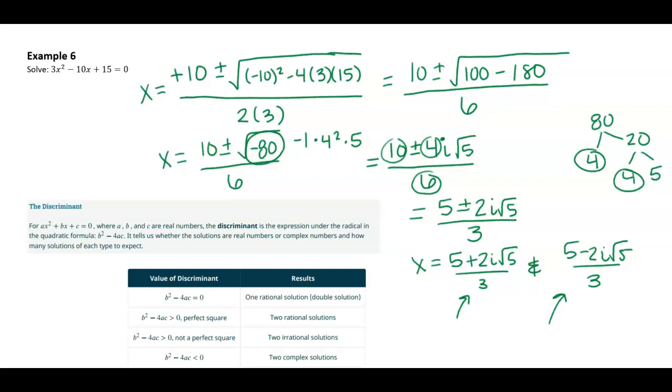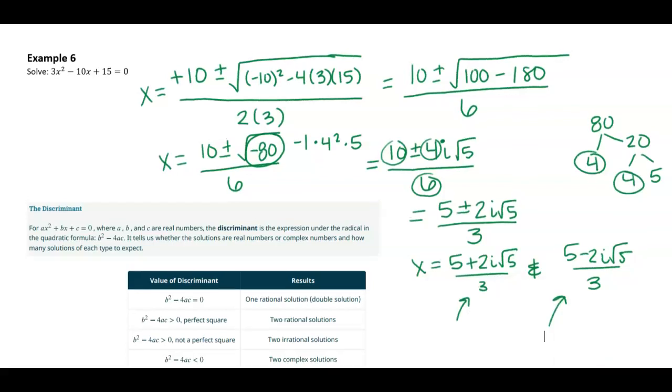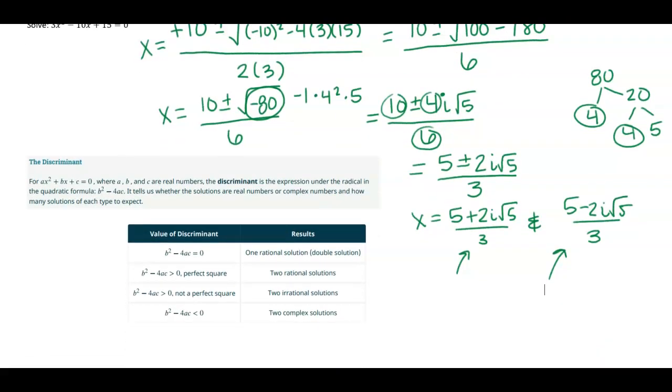We have complex roots. You can look at just the discriminant, which is the inside of your square root, to determine how many solutions your quadratic is going to have.